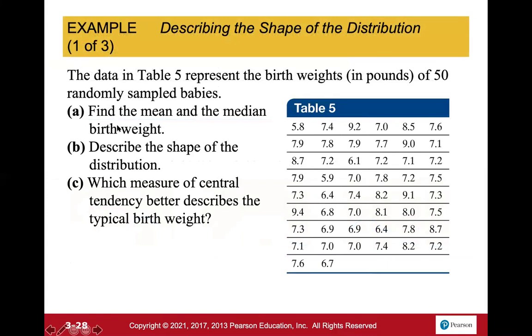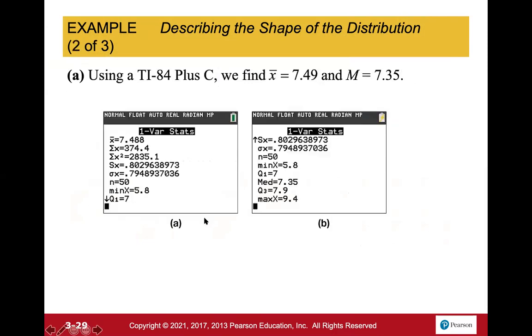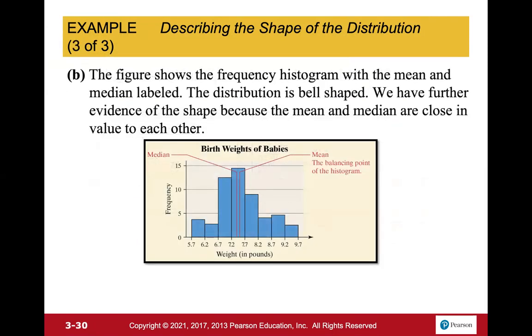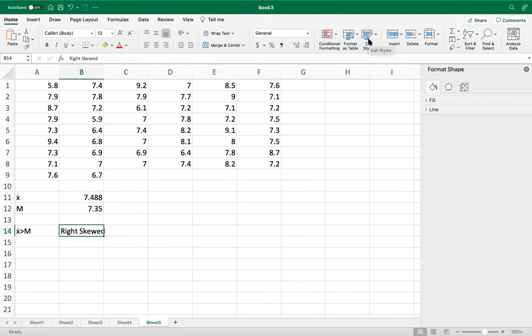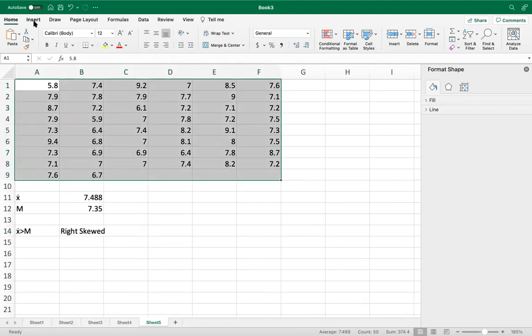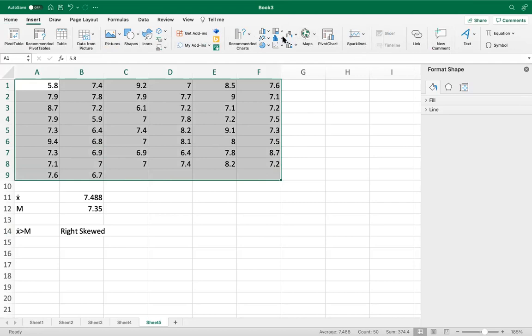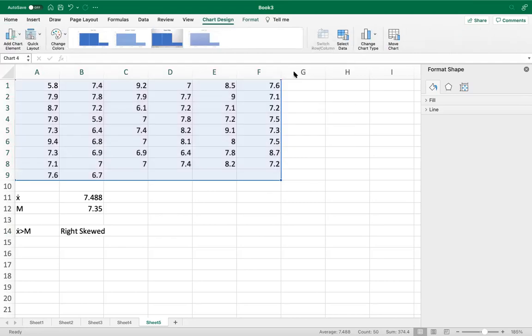And the last question that they have is which measure of central tendency best describes the birth weight? Now that we have all of this data, we could go ahead and graph it too. Actually, no. Just highlighting the data doesn't really benefit us much because the data doesn't look that great.